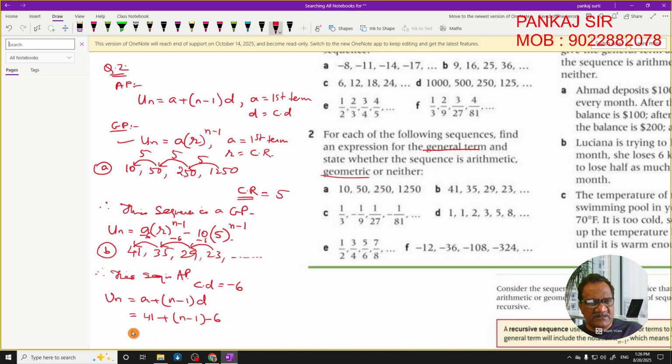This works out to 41 minus 6n plus 6, which is 47 minus 6n. So this is the general term.